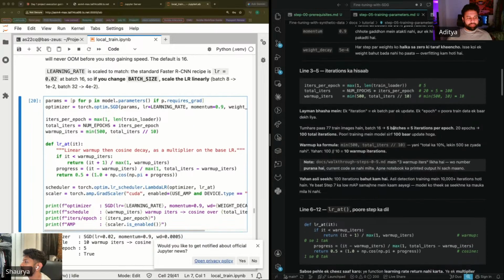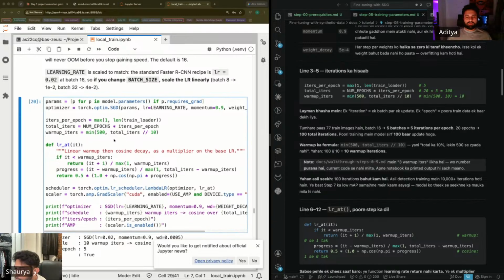77 train images, batch 16, 5 batches, 5 iterations per epoch, 20 epochs, so 100 iterations. एक iteration, एक batch पर एक update. Where are the number of batches defined over here?